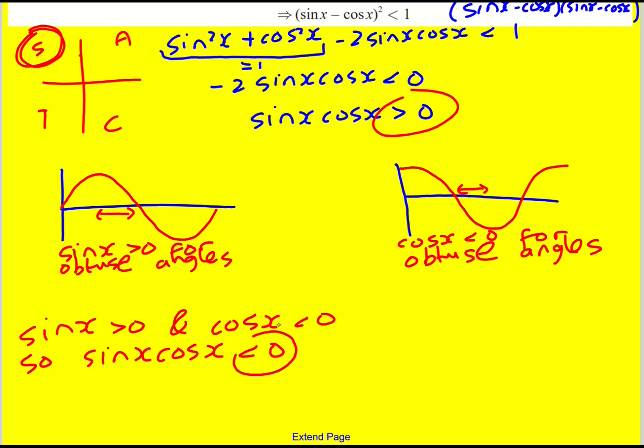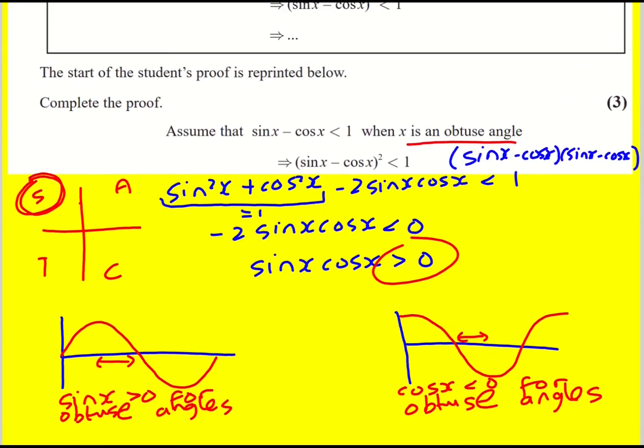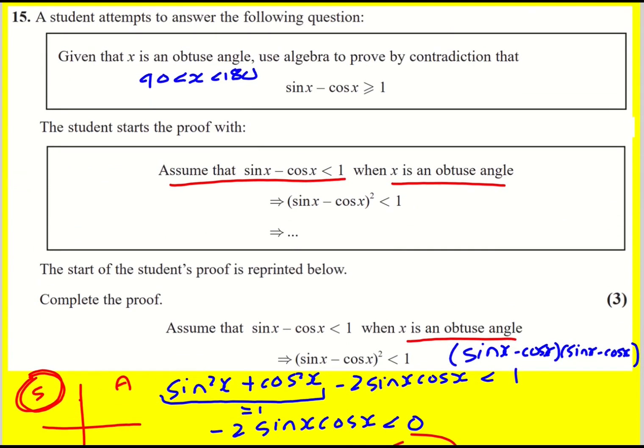But this is a contradiction because we've said it's greater than 0. That means our assumption at the very beginning falls apart, because that's the only thing that we've not just kind of implied. We've made this assumption.